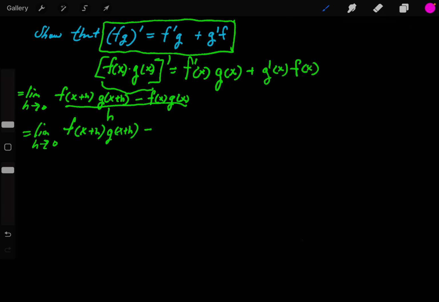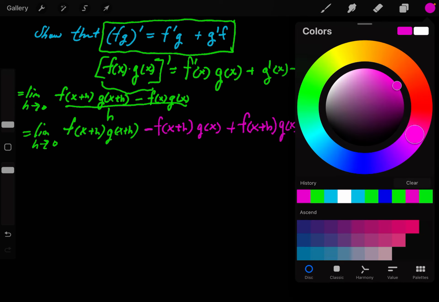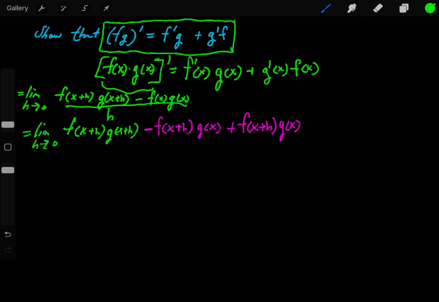So minus f of x plus h times g of x plus f of x plus h times g of x. And then back to what we already had: minus f of x times g of x all over h. And we should see that the purple just cancels itself out, so equality is maintained between these two.